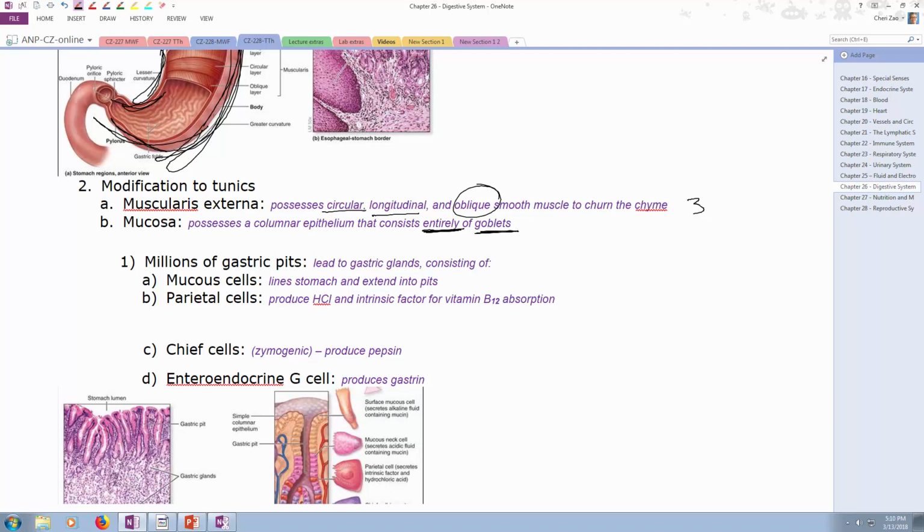We call it pseudostratified because it looks stratified, but it isn't. It's simple columnar. So we find goblet cells with simple columnar epithelium. And I'm telling you, the entire lining of the stomach is goblet cells. This is an interesting thing because these goblet cells secrete a mucus that is alkaline.